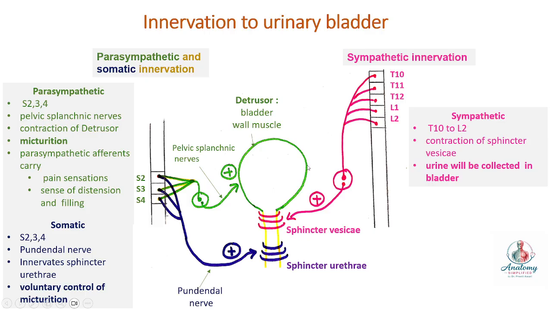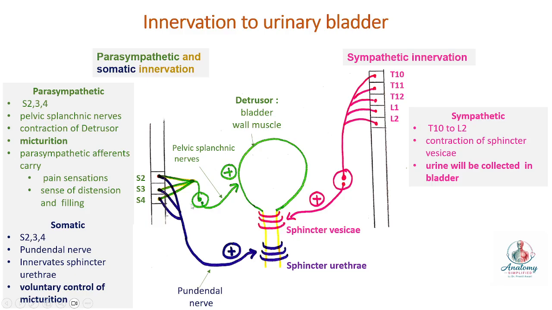The muscle of the bladder wall is called the detrusor muscle. You can see these spinal segments S2, 3, 4 giving rise to fibers shown in green. These are the spinal nerves coming out. Their branches come together and form a plexus, that is the vesical plexus.